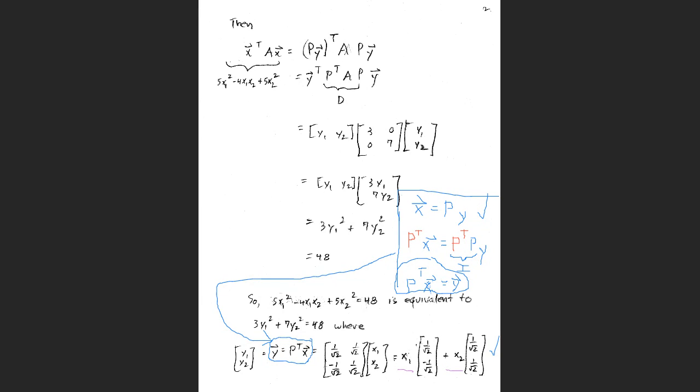The x1, x2, those variables are the coordinates of the vector y relative to the basis, where the basis vectors are (1/root 2, -1/root 2) and (1/root 2, 1/root 2). Okay, and I'm going to show you a picture of that. But let me know, are there any questions?